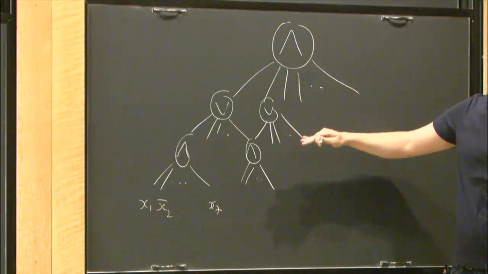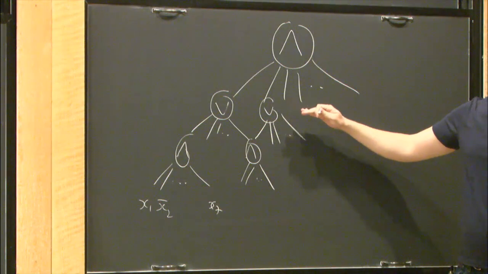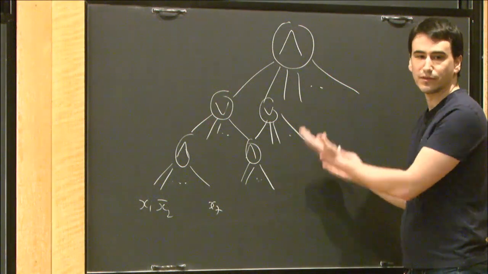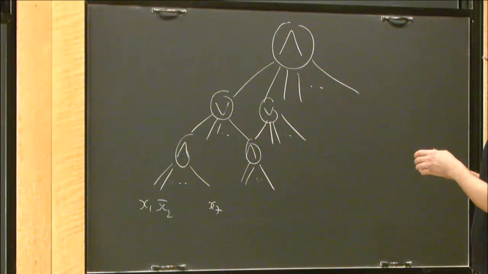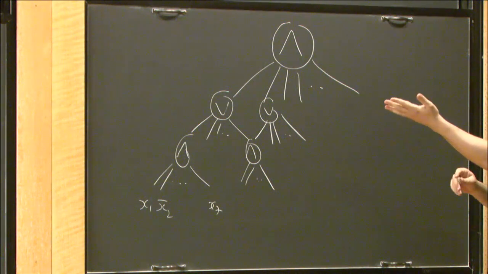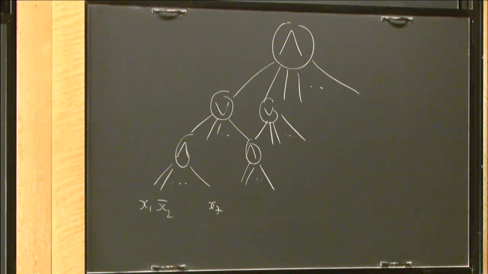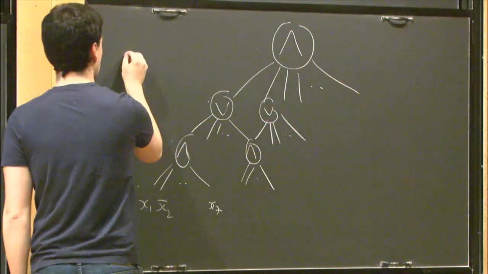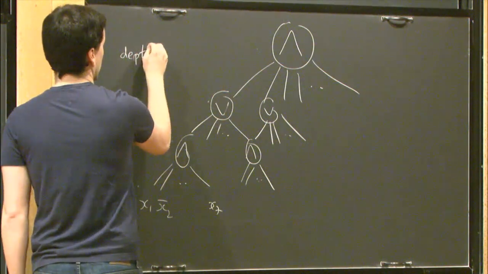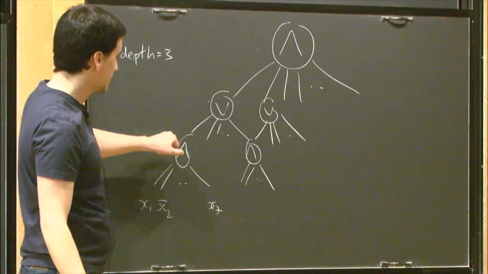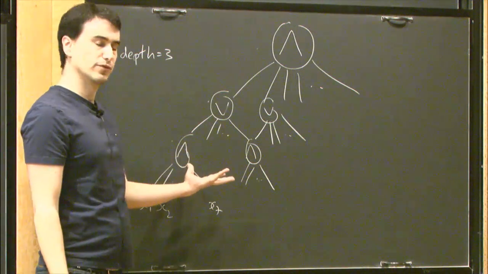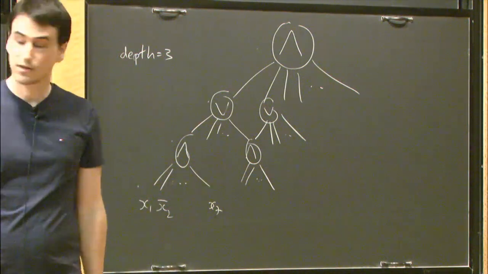And on all the other layers, I have AND gates or OR gates. This describes the computation. I can propagate values from leaves to root. A special case is depth 2, which is DNFs or CNFs, but you can define it for any depth. And what is the depth? It's just the number of layers. In this case, it will be 3. So it is the number of gates from the input to the output. And the size is simply the number of gates.